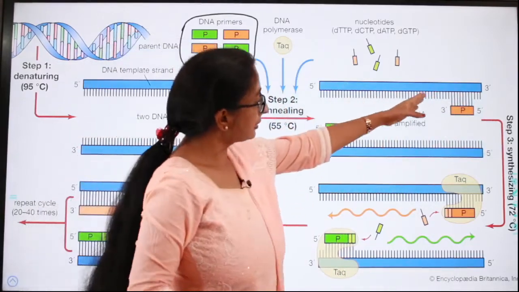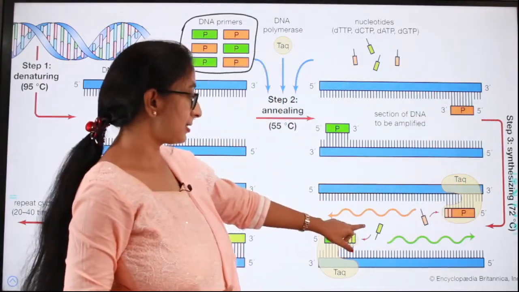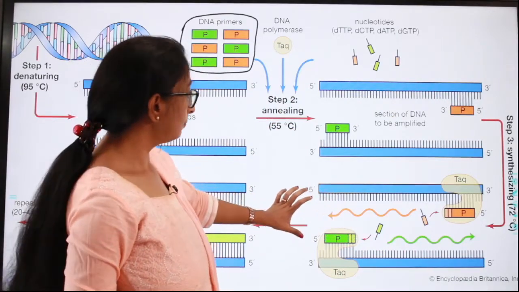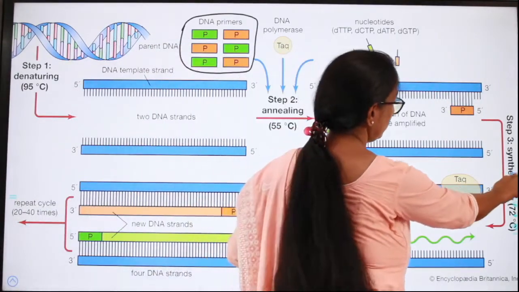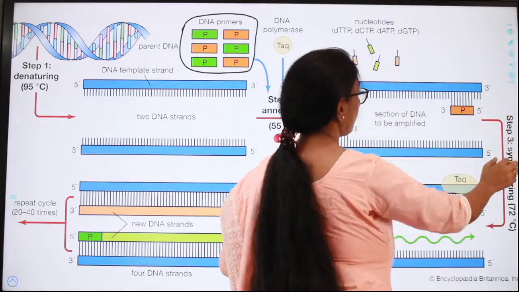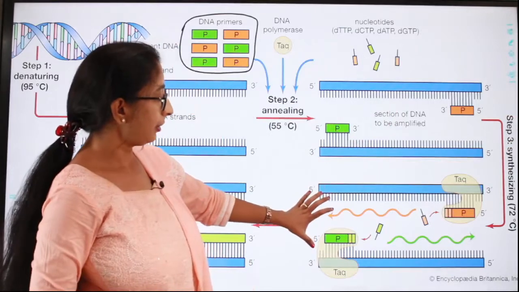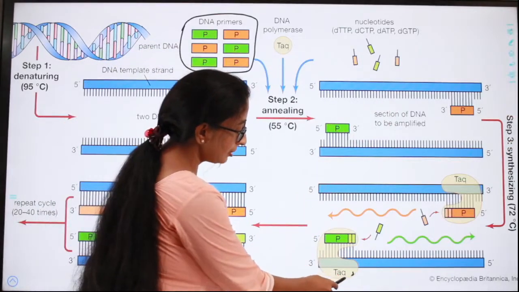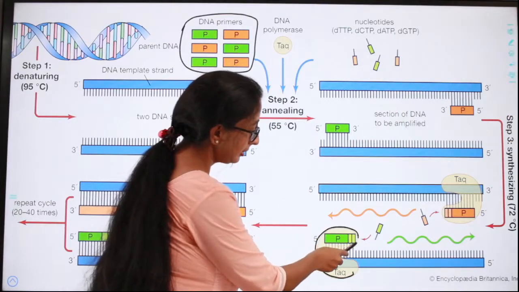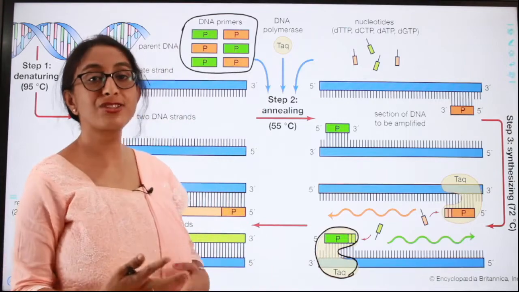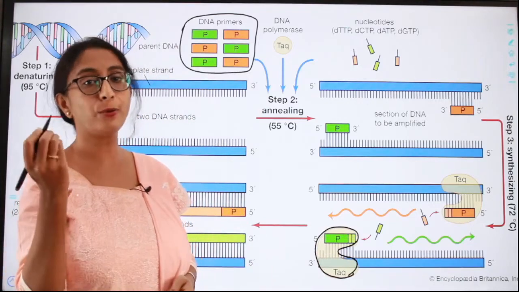After this comes the third step. In this step, you can see the DNA polymerase. It is called Taq DNA polymerase because it is extracted from the bacterium Thermus aquaticus.